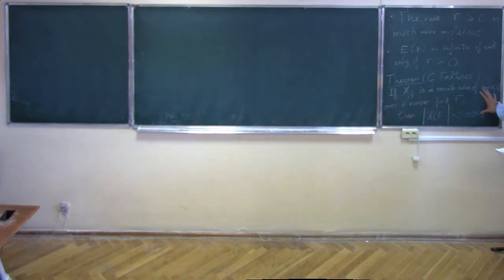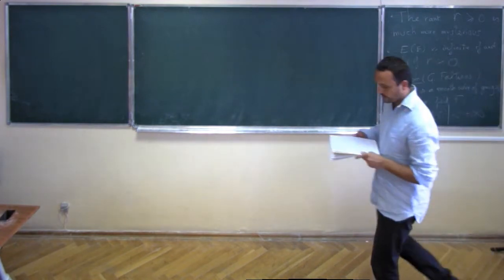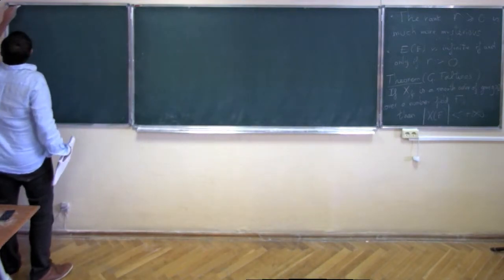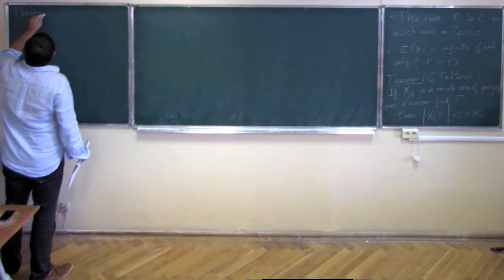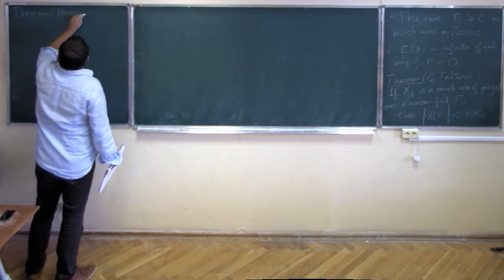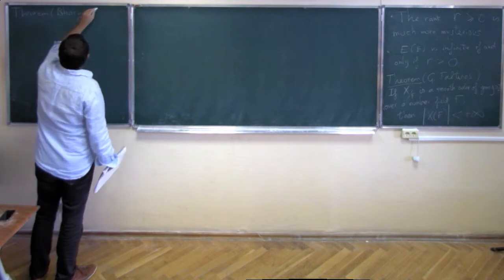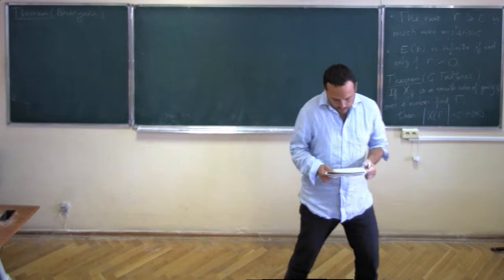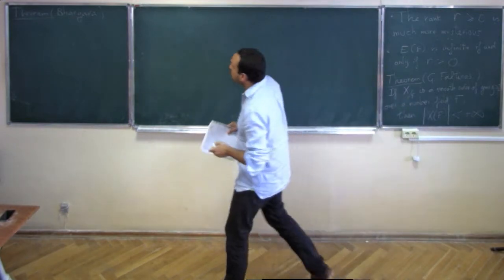As for the setting where the curve has genus at least 2, perhaps it's interesting to mention the following theorem of Bhargava, the recent Fields medalist, from 2013.